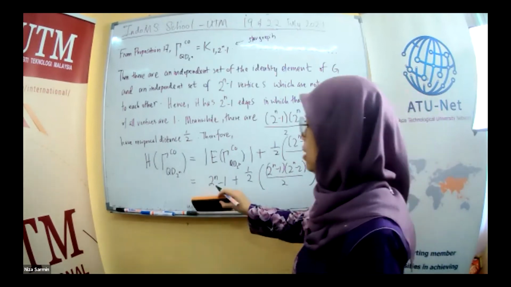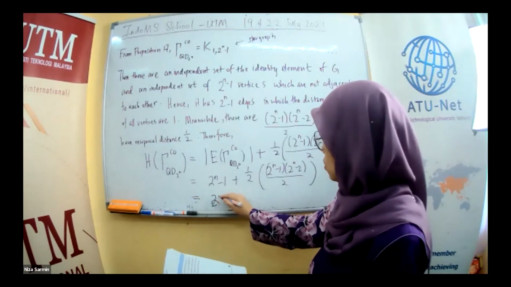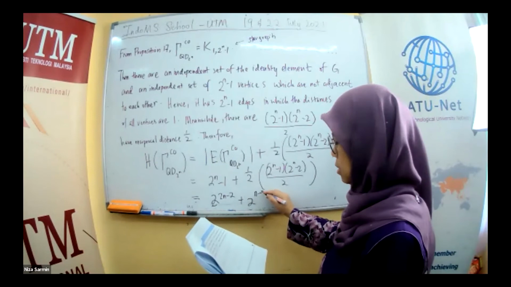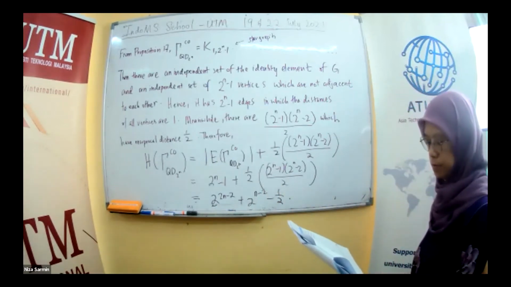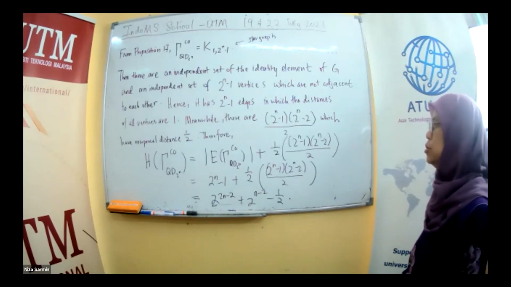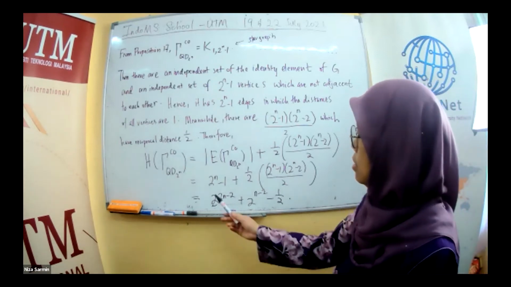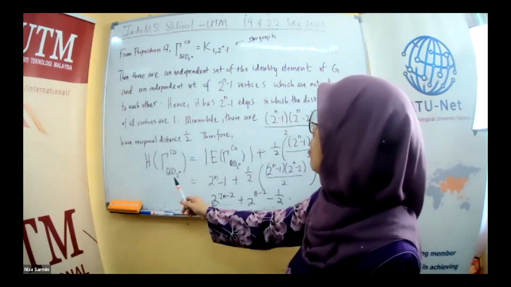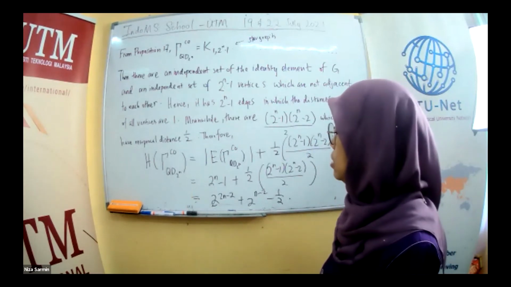And finally, simplify, then we get 2^(2n-2) plus 2^(n-2) minus something. So this is how you get the Harary index of the coprime graph of the quasi-dihedral group of order 2^n.